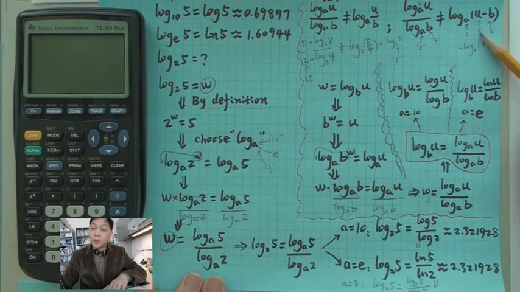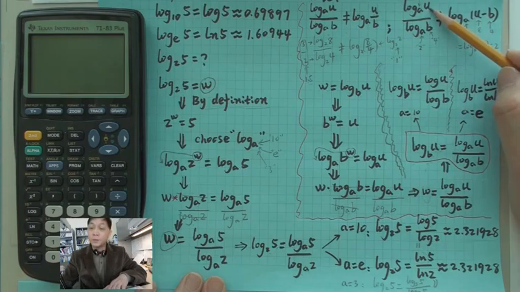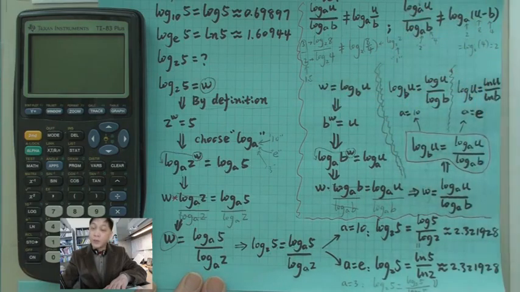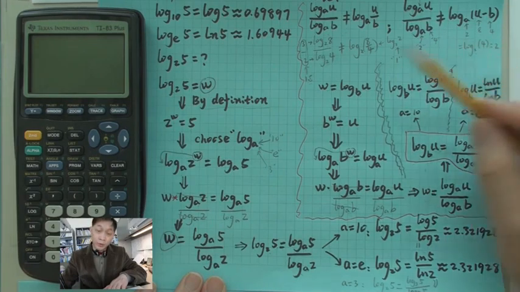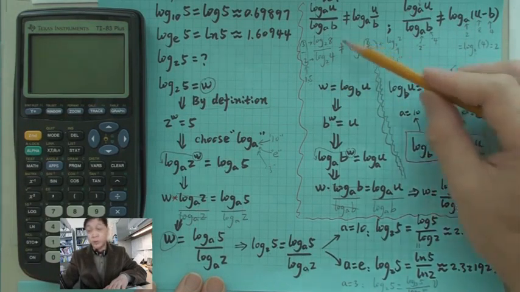You can plug in actual numbers as we did here. A again is 2, U can be 8, B can be 4. This one again will be 1.5 on the left. On the right-hand side, 8 minus 4 is 4, and log base 2 of 4 is 2. 2 apparently is not 1.5. So this formula is different from those two.